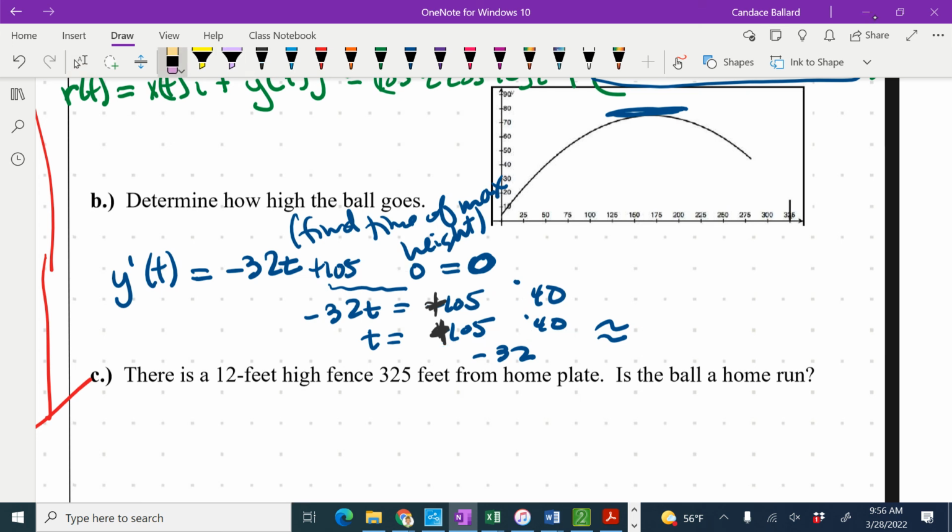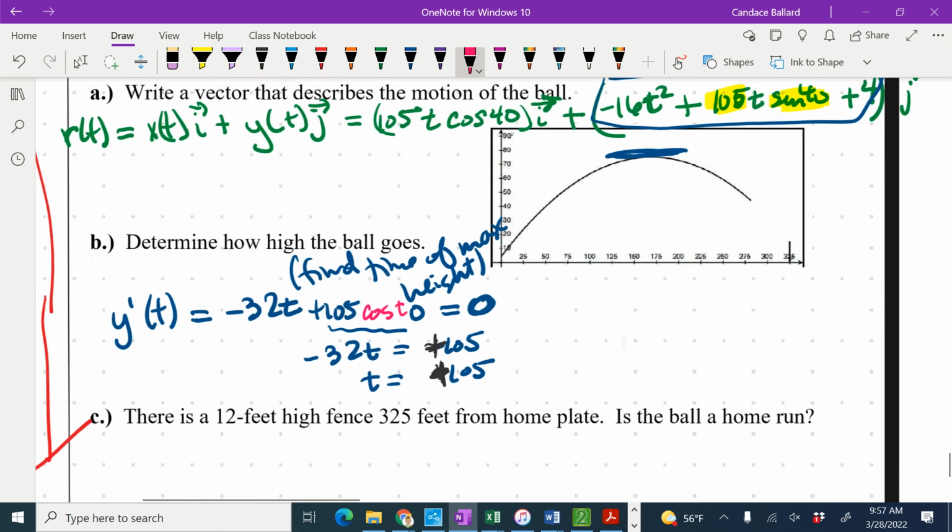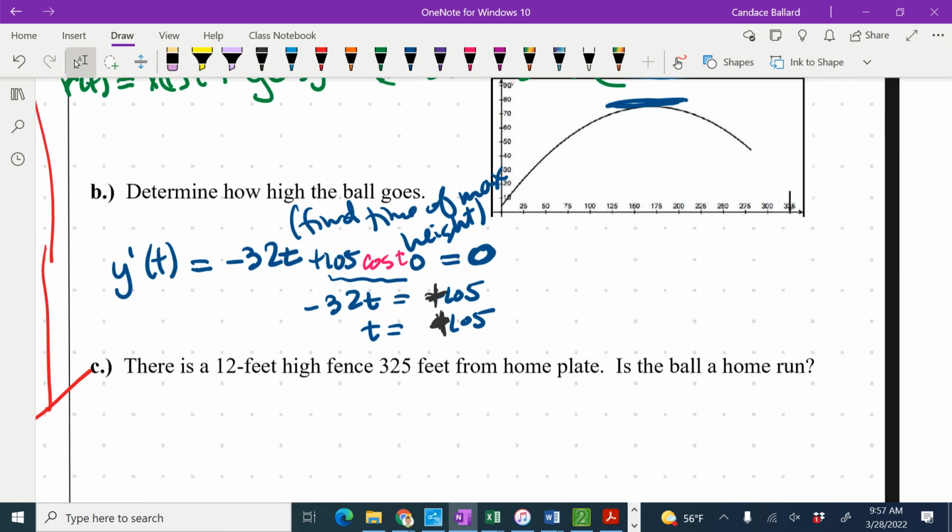Let's try that again. Okay. So we should have cosine of, it was t, right? Because when we take the derivative of sine, it should be cosine. Oh, no, wait. That's just a number, though.